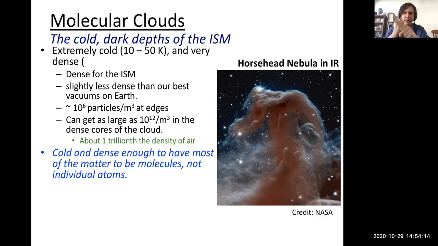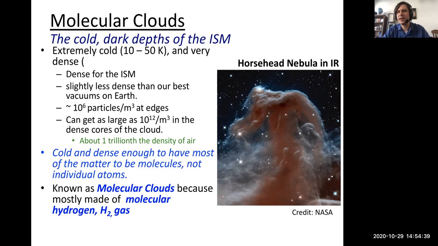Either that molecule gets whacked by a particle too hard, which breaks a molecular bond, or a photon comes along and breaks a molecular bond. These molecular clouds are the regions where densities are high enough to shield light from coming in and breaking molecular bonds, and it allows things to cool down enough to actually start driving and forming some pretty complex molecules.